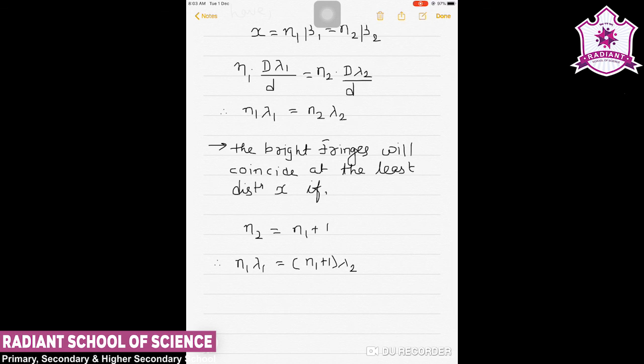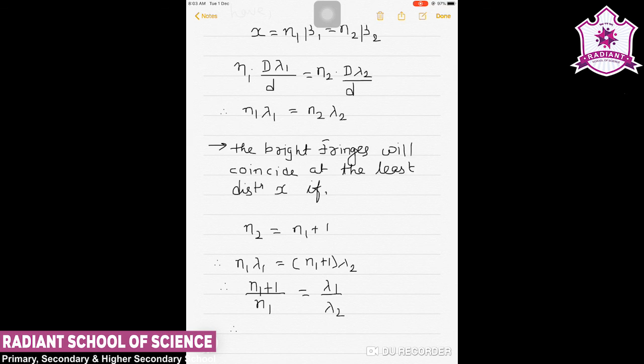Now we have lambda 1 and lambda 2 in our condition, so we can simplify this equation and get the condition, that is n1 plus 1 over n1 is equal to lambda 1 over lambda 2.